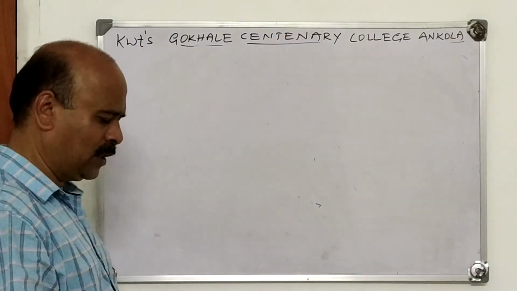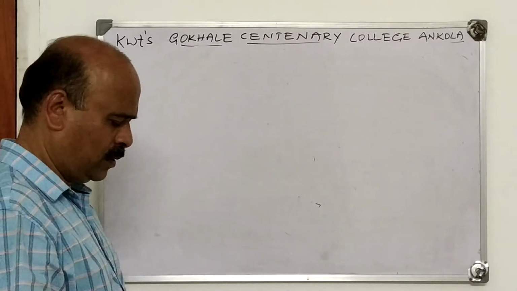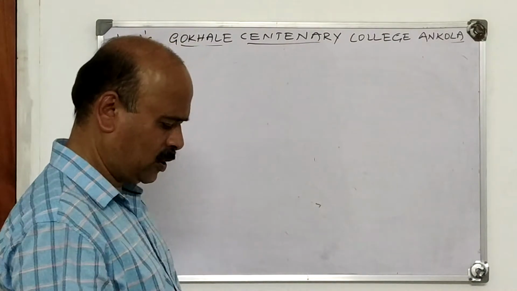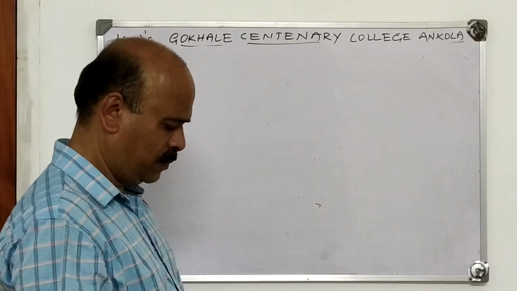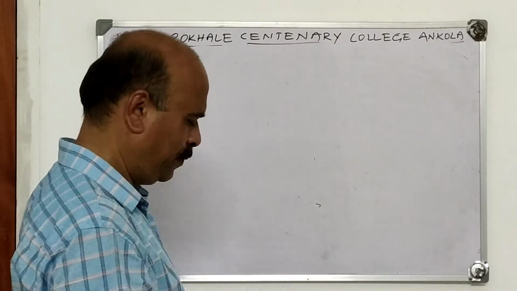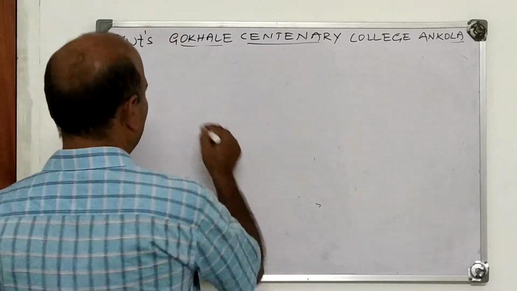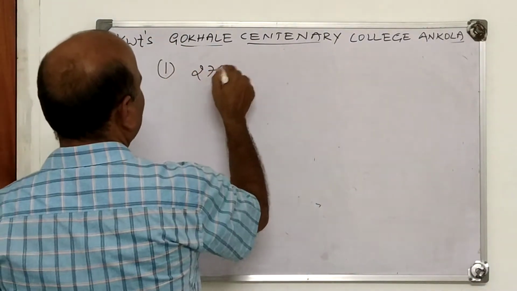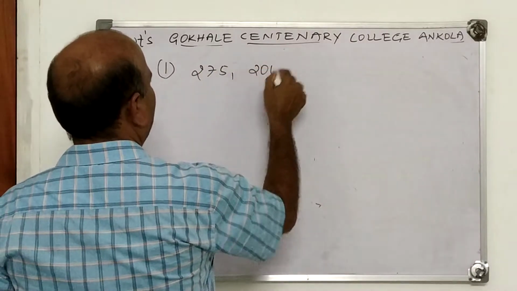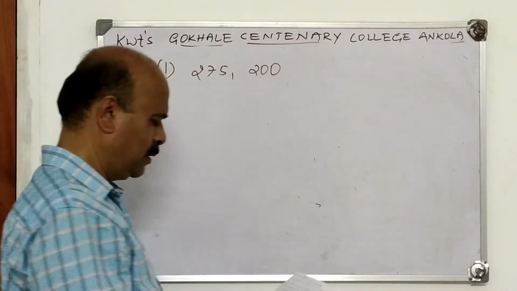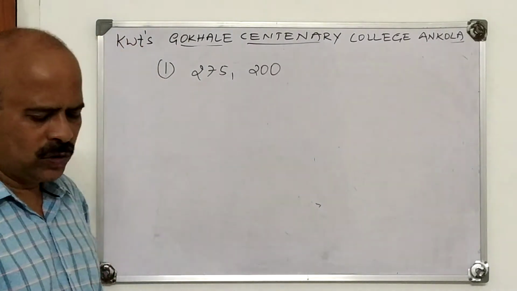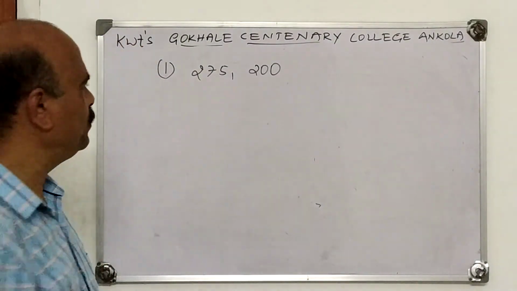First, I start with a simple problem. What is a simple problem? 275 and 200. Now, the problem is how to find the GCD and to express it in terms of the two given numbers. 275 and 200.